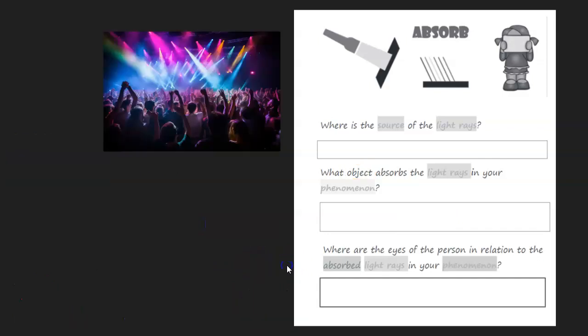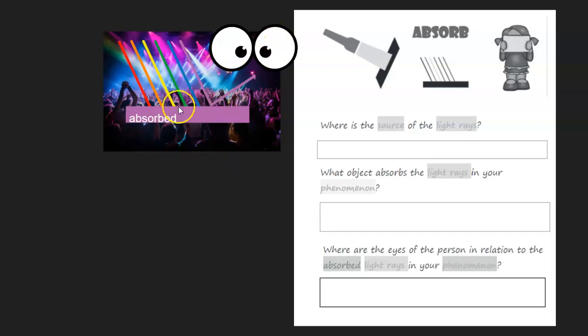Okay, and then where are the eyes of the person in relation to the absorbed light rays in your phenomenon? This question is to help you diagram it. The eyes are usually on the other side of the light, right? So here's the light coming down. All of this is being absorbed.